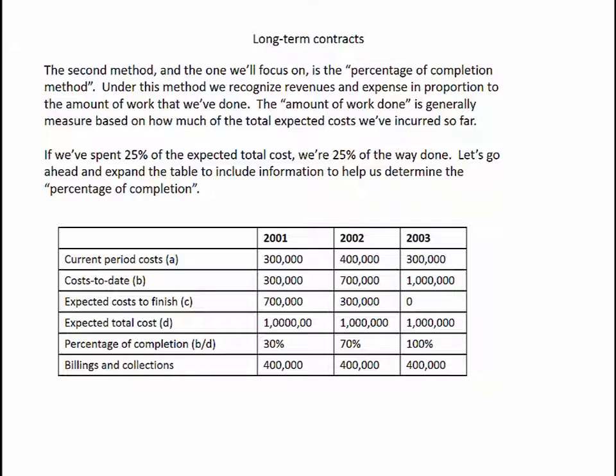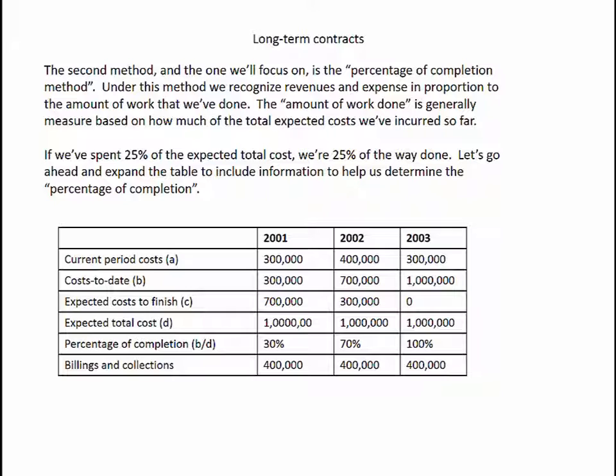The percentage complete, or the percentage of completion, is how much we've spent so far divided by the expected total. So in 2001, we've spent $300,000 so far out of an expected $1 million total, so we're 30% of the way done.